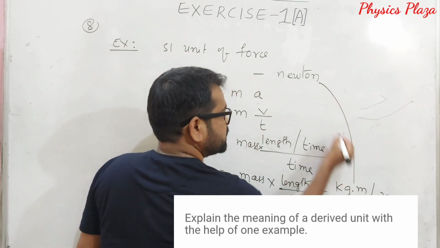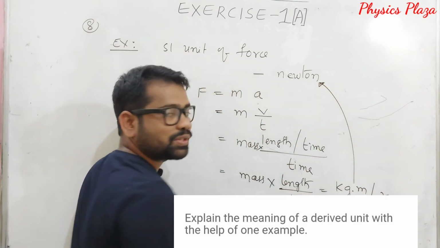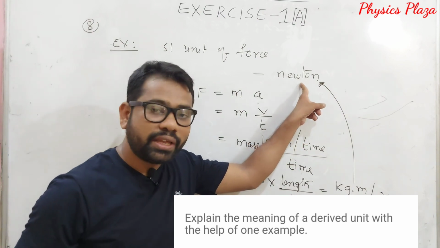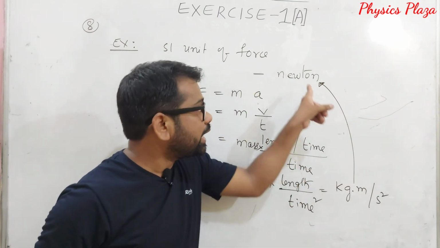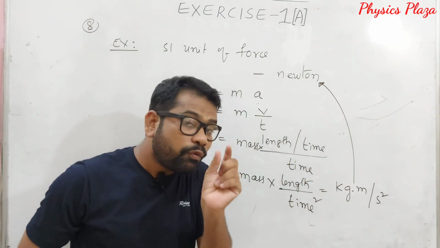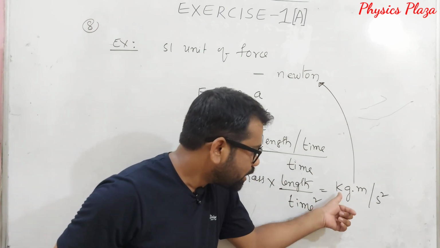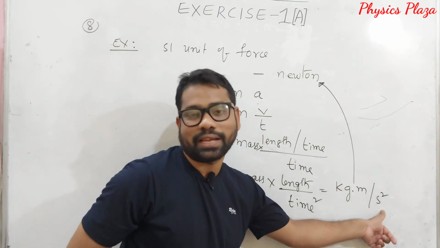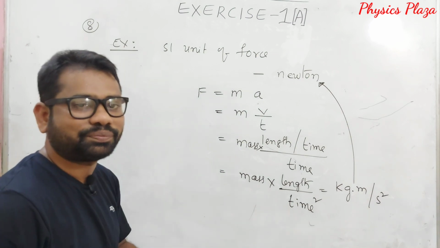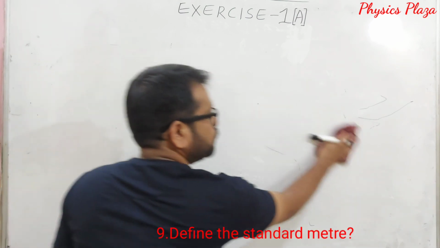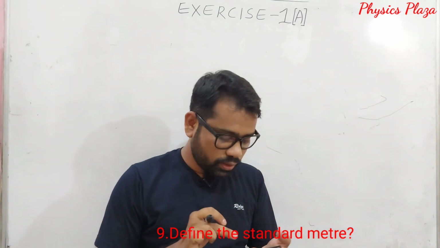This kg meter per second square we can call a newton, that's it. So newton is a derived unit. It can be expressed in terms of fundamental units: kg, meter, second. Okay, just copy it.